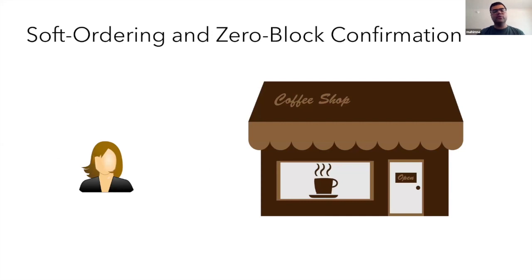This is useful in the payment example of, let's say you want to buy something from a coffee shop, and now instead of waiting for confirmations to go on the blockchain, you just need to wait for basically one round trip around the network in a synchronous network, and the coffee shop owner can be convinced that there won't be a double spend of this coin.